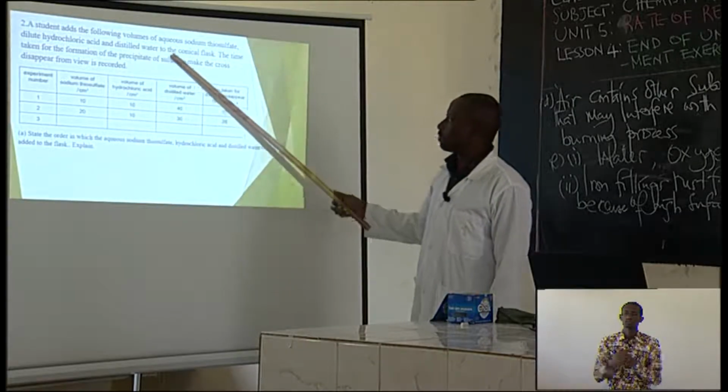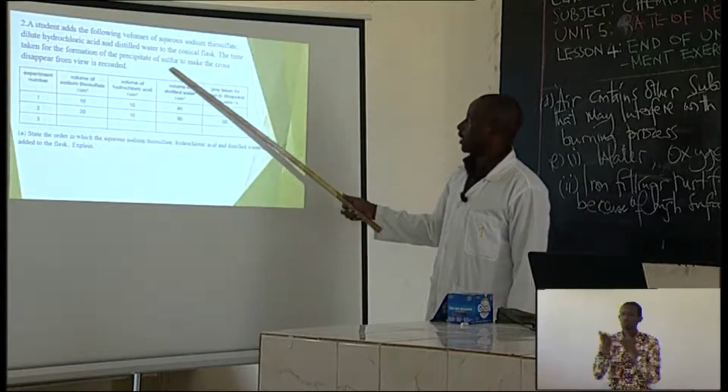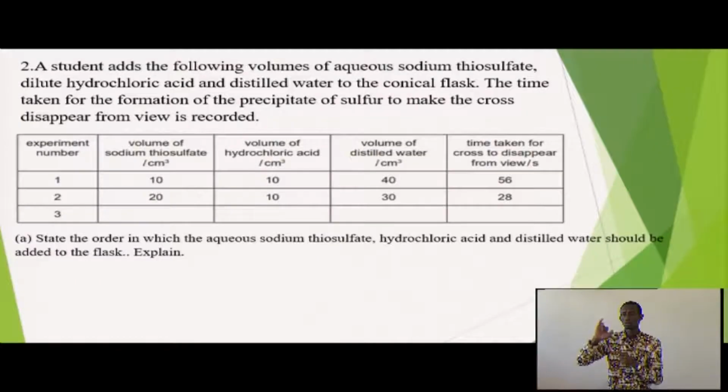A student adds the following volumes of aqueous sodium thiosulfate, dilute hydrochloric acid, and distilled water to the conical flask. The time taken for the formation of the precipitate of sulfur to make the cross disappear from view is recorded. So this is the volume of sodium thiosulfate, the volume of hydrochloric acid, the volume of water, and the time taken for the cross to disappear.